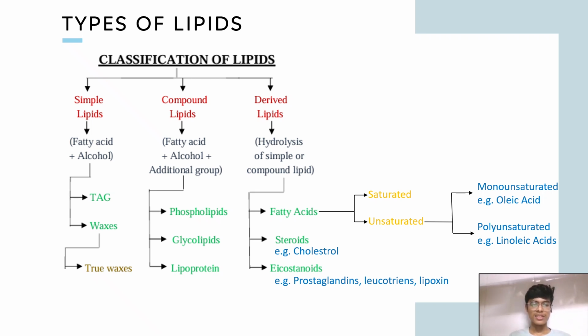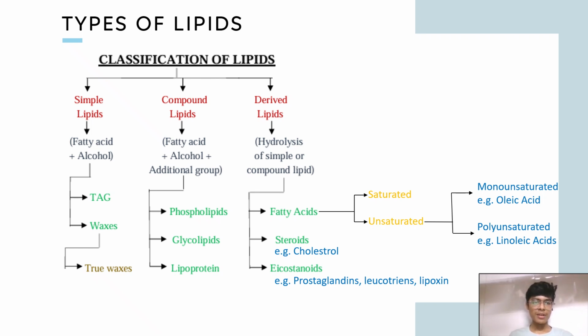The examples are TAGs and waxes. TAG is triacylglyceride, which is also called triglycerides. This is the main component stored in the adipose tissue of the body that works as an energy source. Waxes could be like the wax extracted from honeybees.